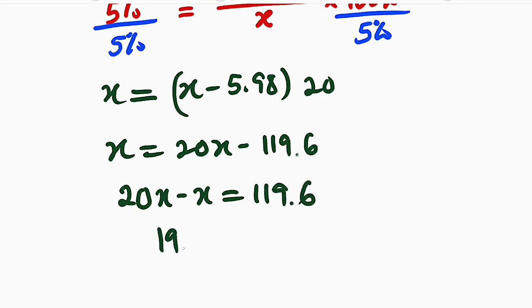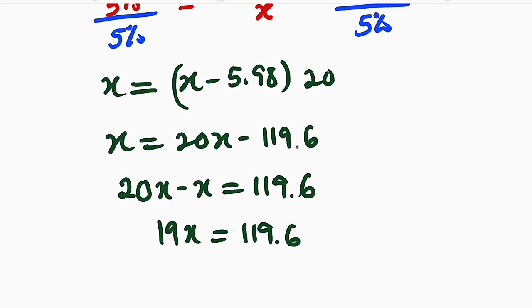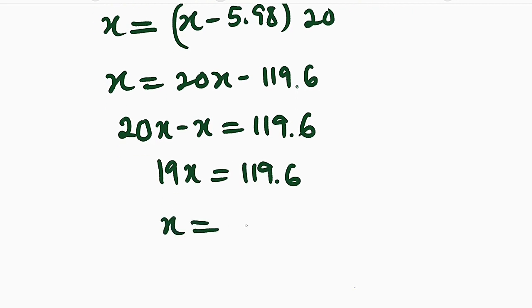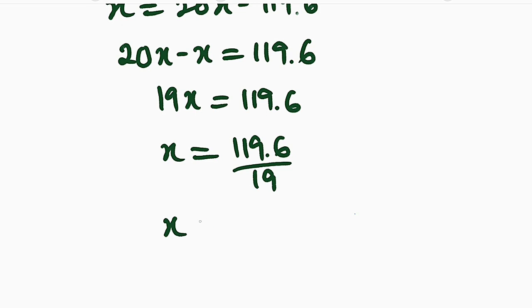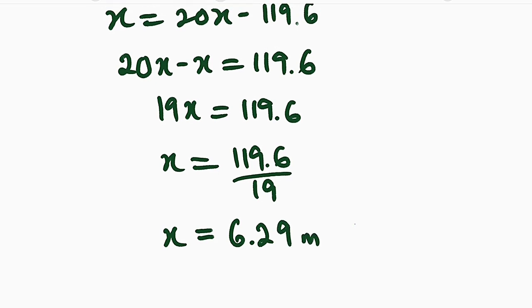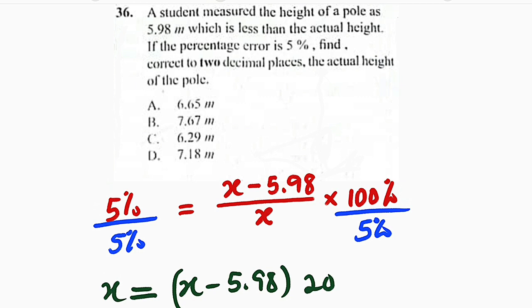So this is 19x equal to 119.6. Divide both sides by 19. 119.6 divided by 19, and x equal to two decimal places we have 6.29. Is it meters? Yeah, 6.29, which we have as option C.